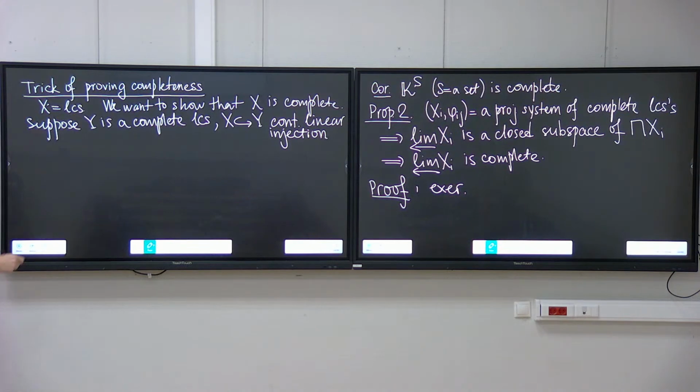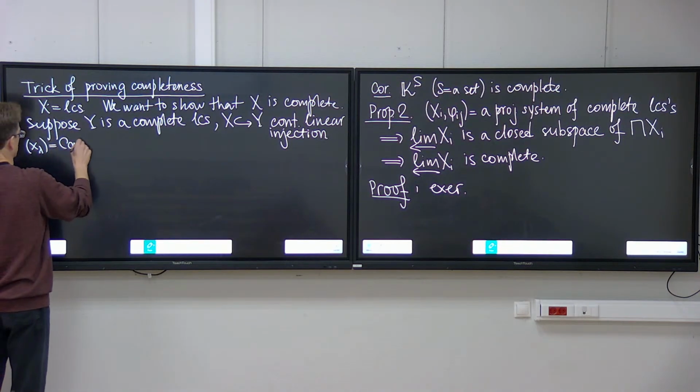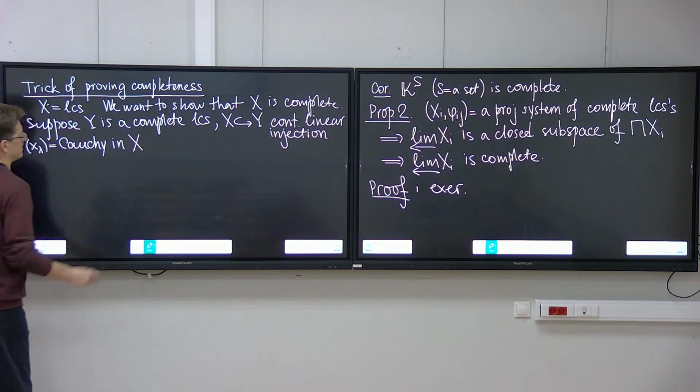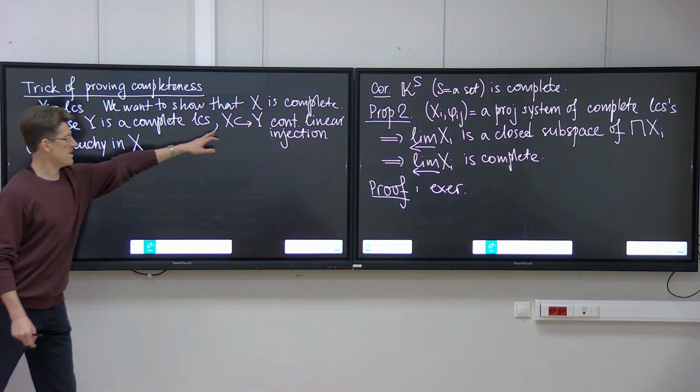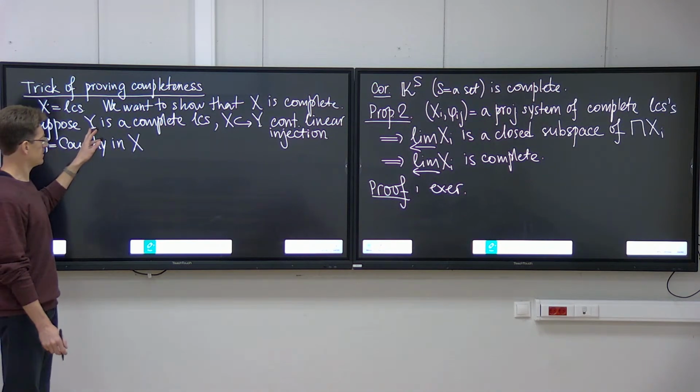So we take a Cauchy net x_lambda in X, and since this embedding is a continuous linear map, we see that the same net will be a Cauchy net in Y. But Y is complete.